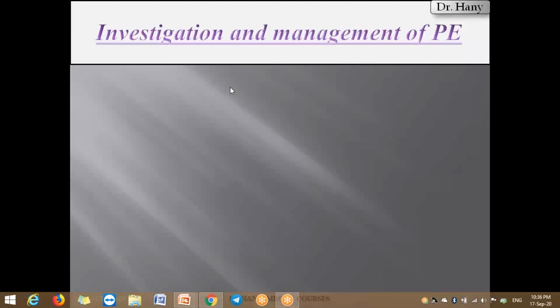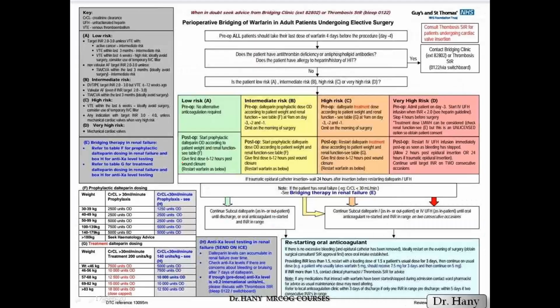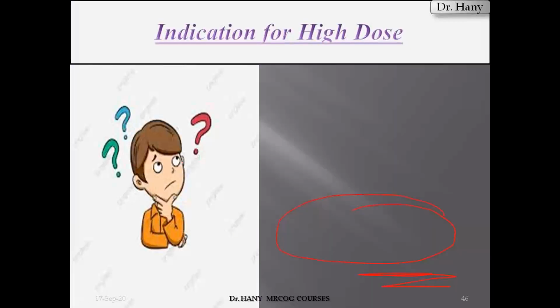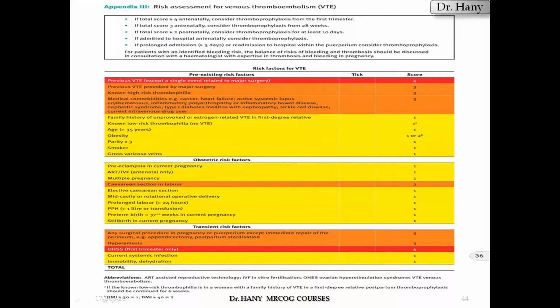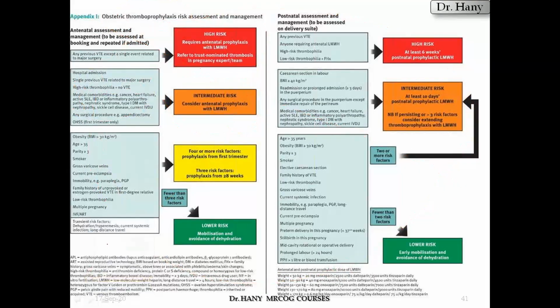In the antenatal BMI, more than 30, postnatal 30, yes. Take care only about the tricks for the antenatal risk assessment. Actually, in that it is written more than 30, and in appendix 3, lower down, it is written more than or equal to. More than 30. So in the next chart, it is written more than or equal to 30.